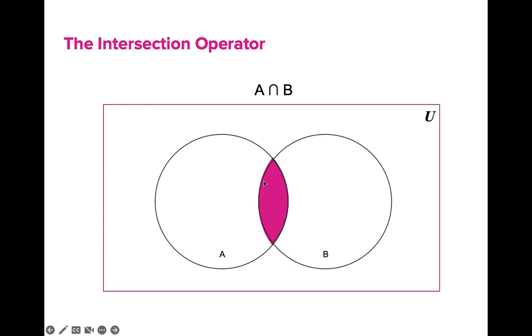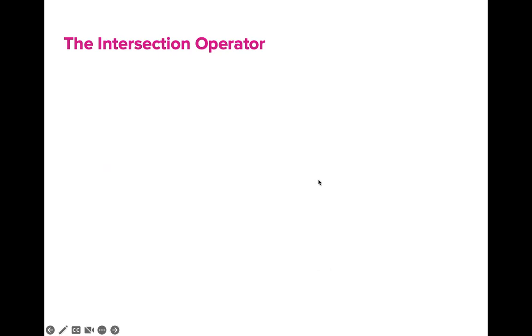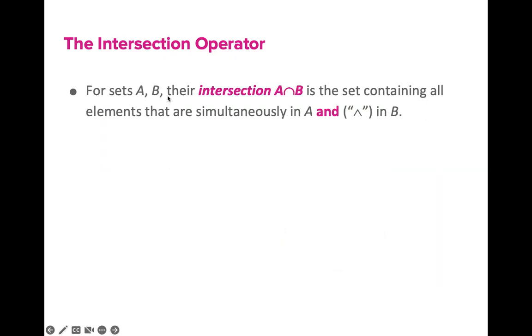And the intersection is simply the elements that are both in A and B. For sets A and B, their intersection is the set containing all elements that are simultaneously in A and in B. So formally, for all A and B, the intersection of A and B is a set of all x such that x is in A and x is also in B.